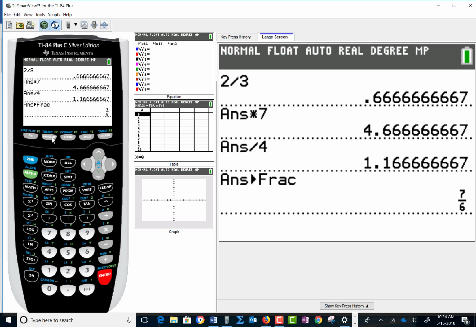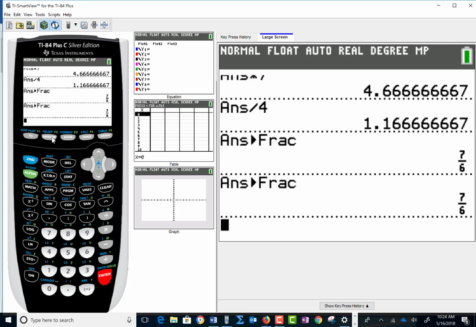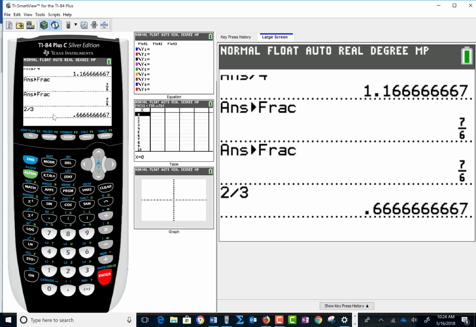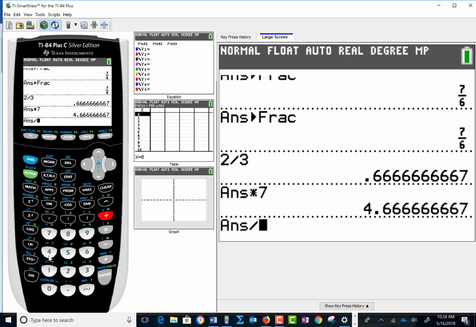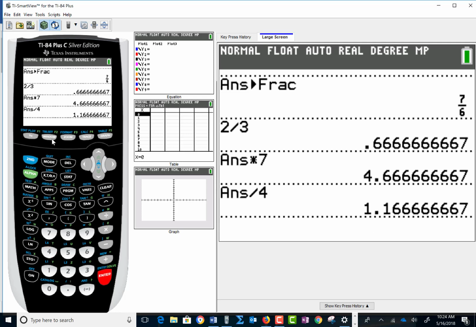If you want it as a mixed number, this calculator is a little more complicated, so let's go back up and do our math again. So 2/3 times 7 divided by 4. Let's say we want this as a mixed number instead of as a top-heavy fraction.